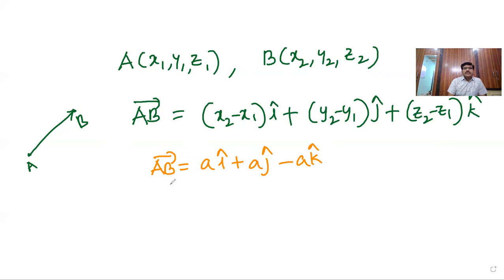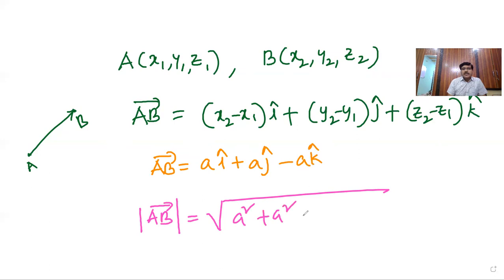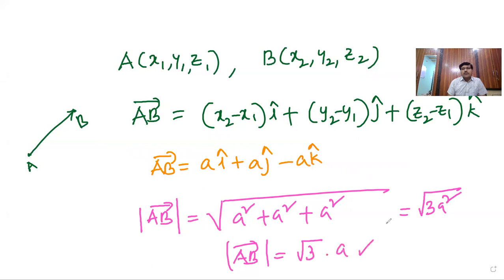Now I will need its magnitude. The magnitude of displacement is the modulus of AB bar. So, square root of coefficient squared A squared, plus coefficient squared A squared, plus again coefficient squared, where minus stands only for direction, A squared. So this becomes the square root of 3A squared. So the AB bar magnitude, the modulus, is root 3 into A. Clear? This is the displacement.